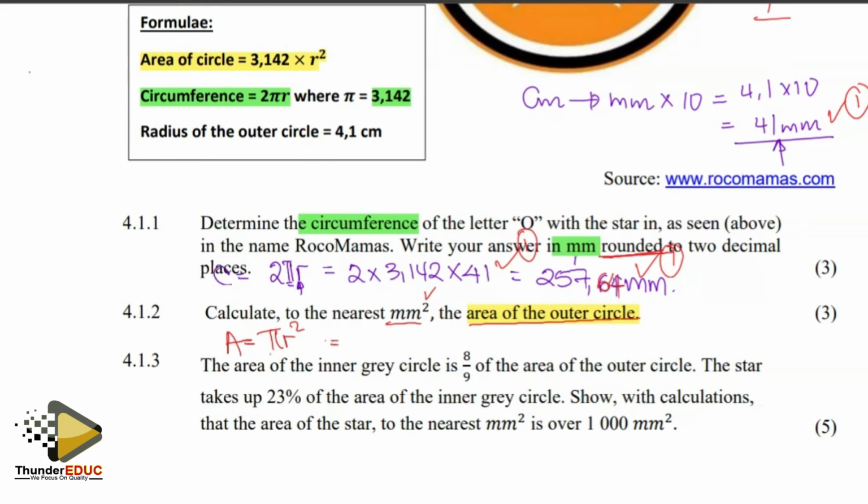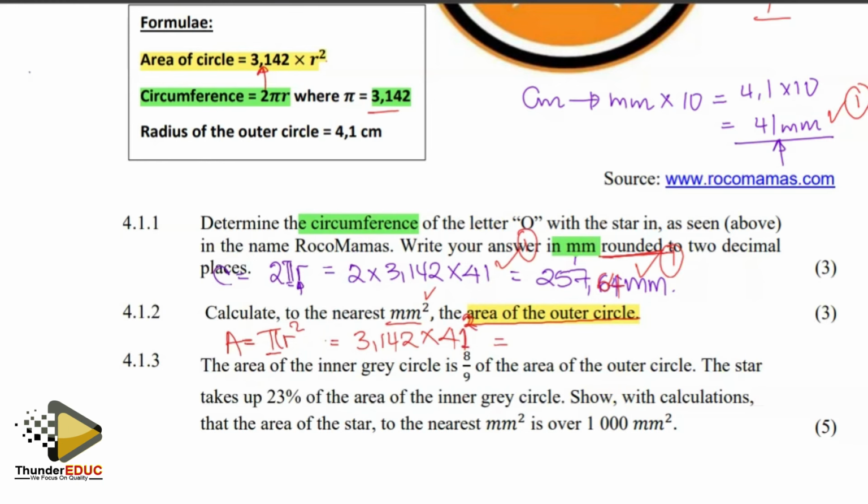They told me wherever I see pi, I put 3,142. Actually, the pi is already there in the formula. So what's missing is the radius. But the radius is already here, as I told you. So we shall say 3,142 times 41. Don't forget, it is squared. You put the 2 above there.